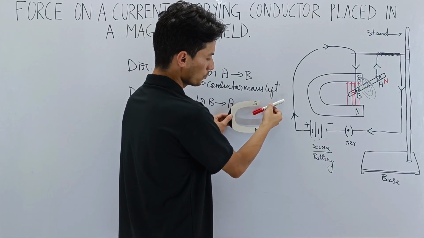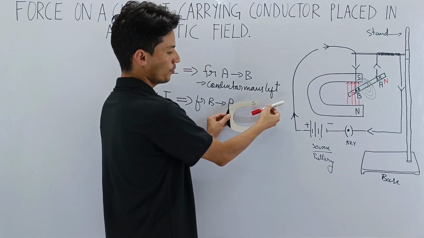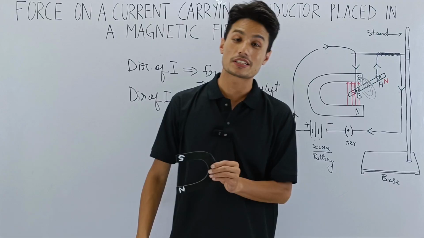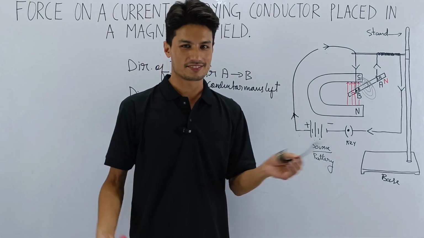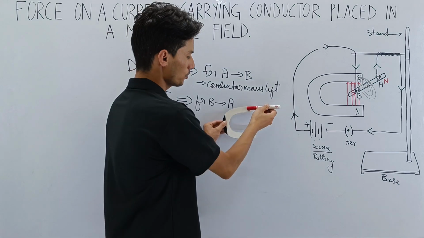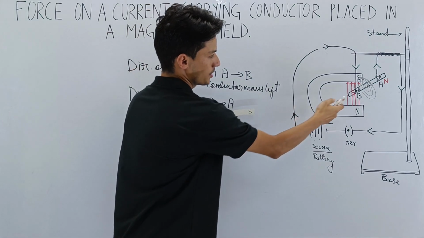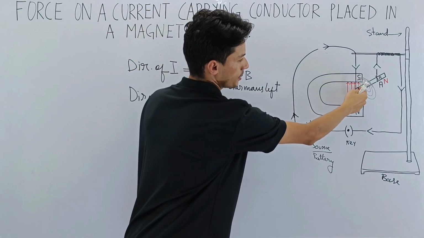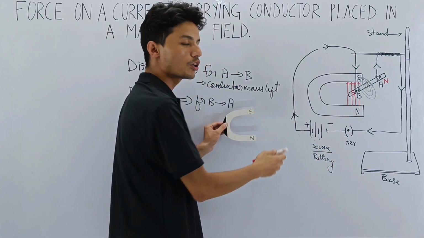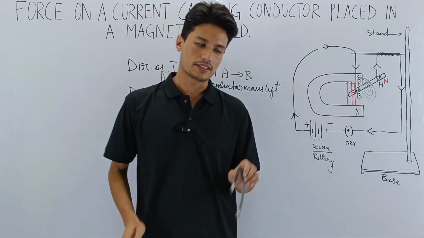So two south poles together. What type of magnetic field interaction will we experience? Correct. Now this time it is repulsion. Previously it was attraction. Now this is south pole, this is south pole. So what type of interaction will it be? Two south poles, do they attract or repel?